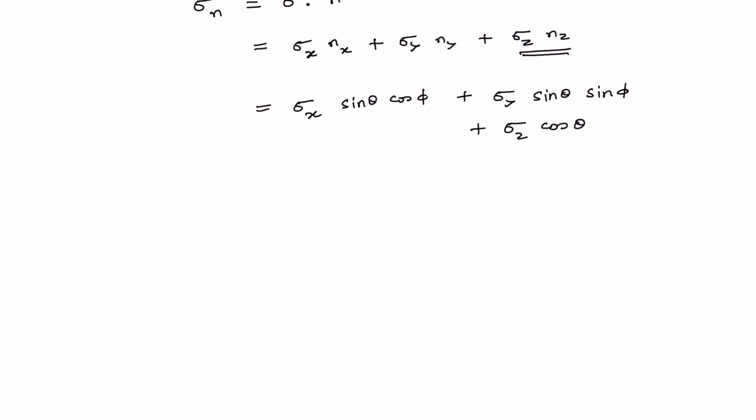And as I know the matrix form of sigma x, sigma y, sigma z, then I can write this sigma n, the Pauli vector components along the arbitrary direction n cap.